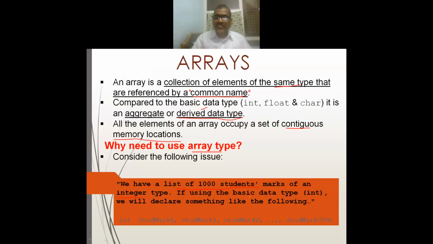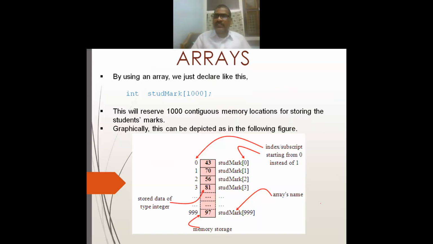If you use the basic integer type, you declare variables like student mark 0, student mark 1, student mark 2 and so on, 1000 variables. Think of how cumbersome it is to declare so many variables and how we can handle that scenario.